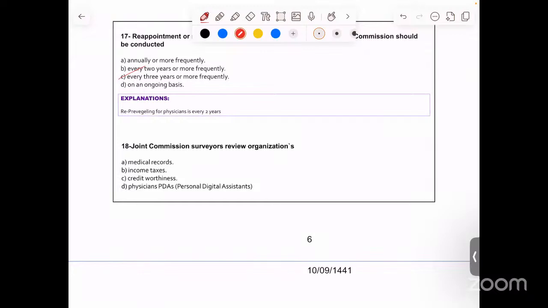But this is an international exam, I think they will not mention others. Oh, this one came out in my exam. So choose 2 years. Okay? If JCI is mentioned, choose 3 years. If JCI is not mentioned, choose 2 years.